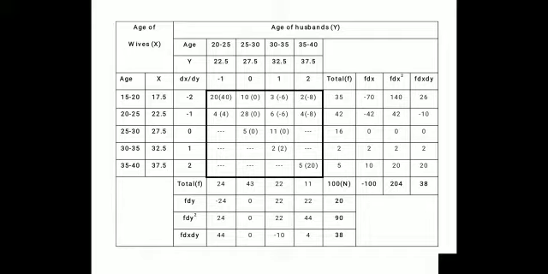The class interval gap here is 5, that is 15 to 20, that is 20 minus 15. So 17.5 minus 27.5 divided by 5, that will give us minus 2.